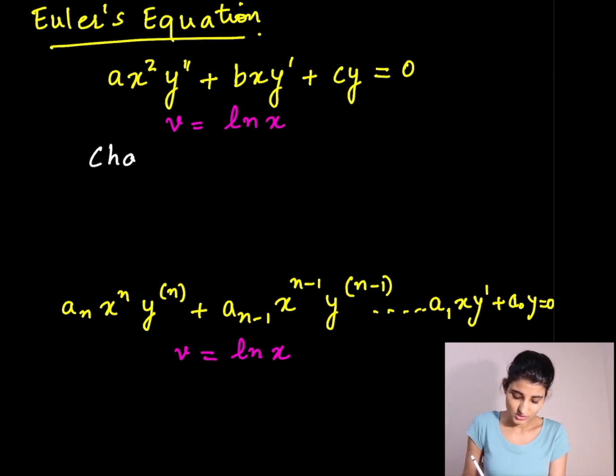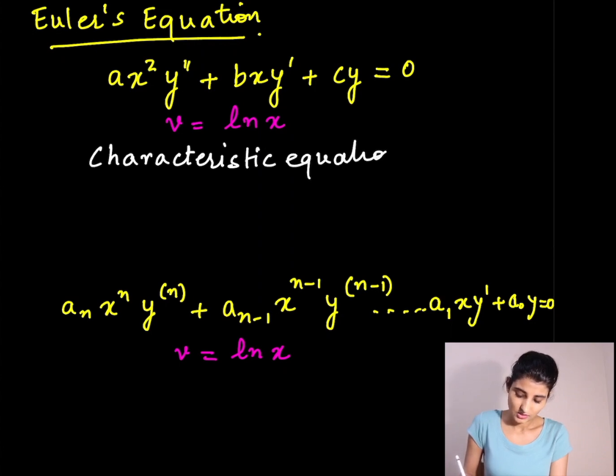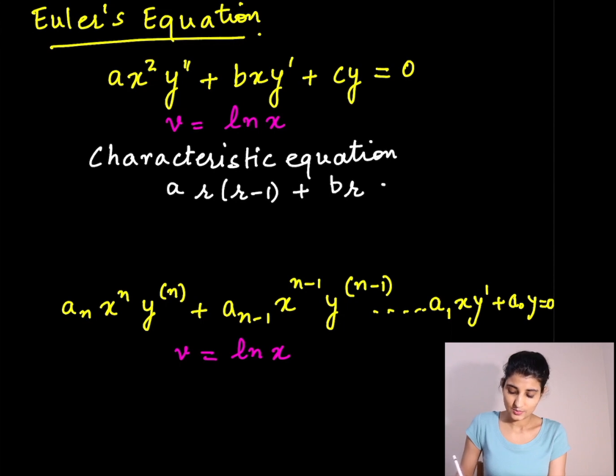If you use this substitution, your characteristic equation will be a times r(r minus 1) plus b r plus c equal to 0.